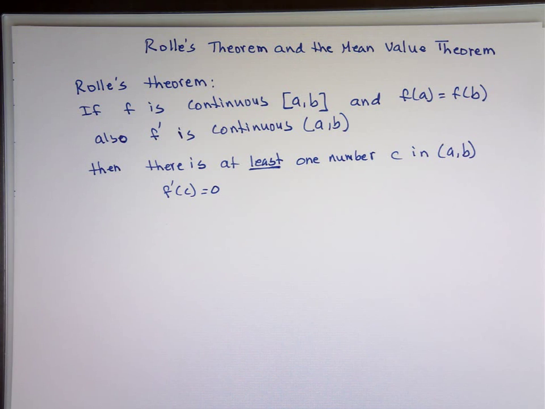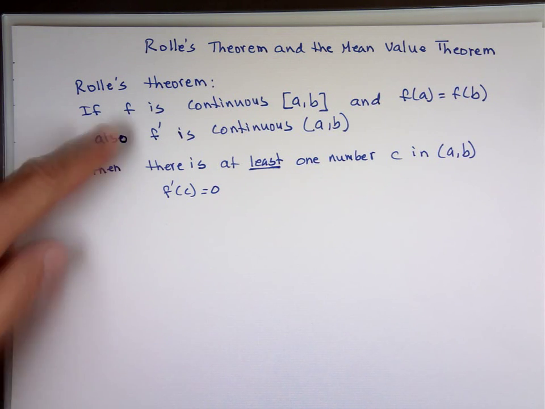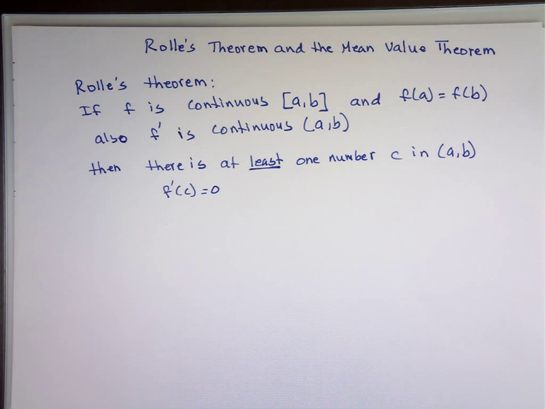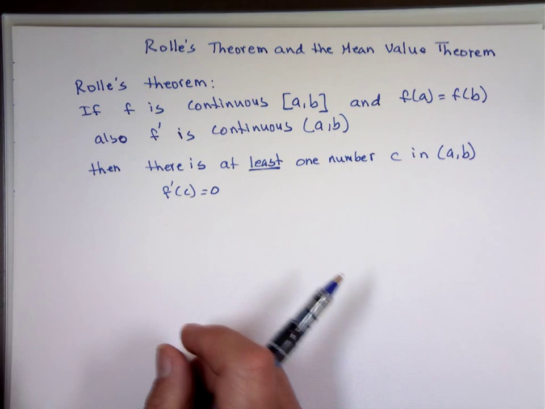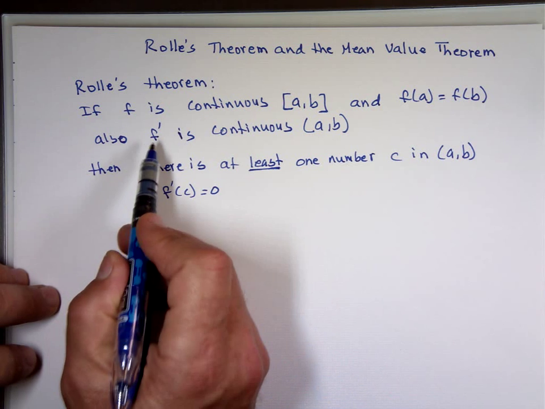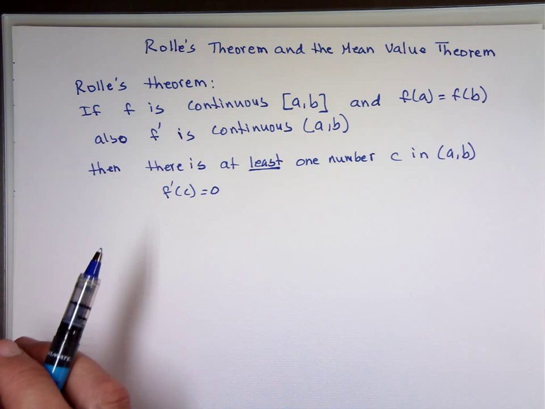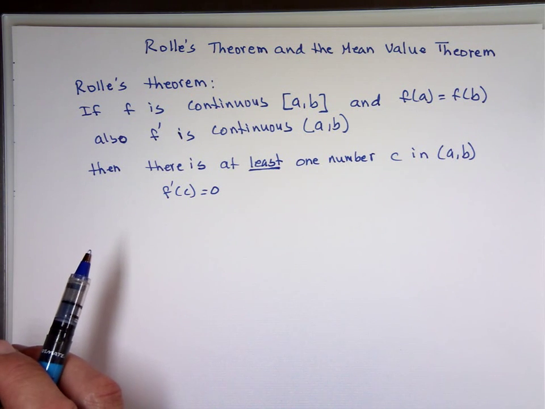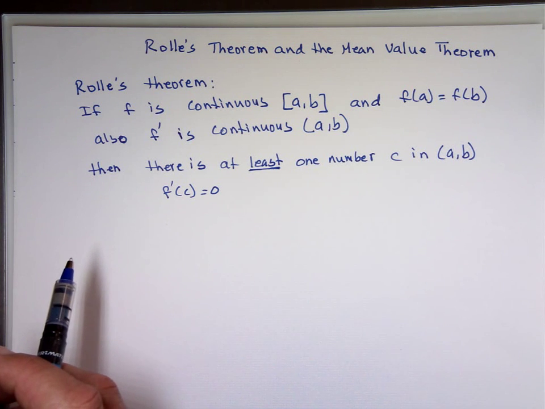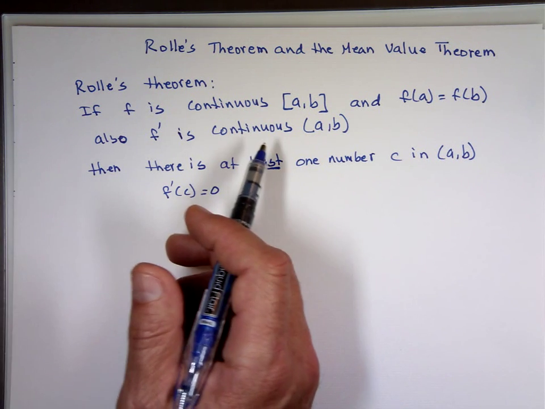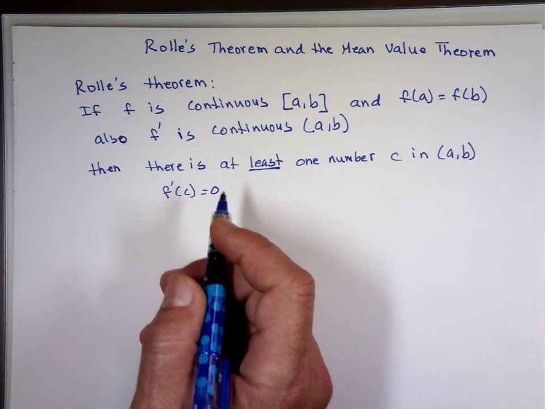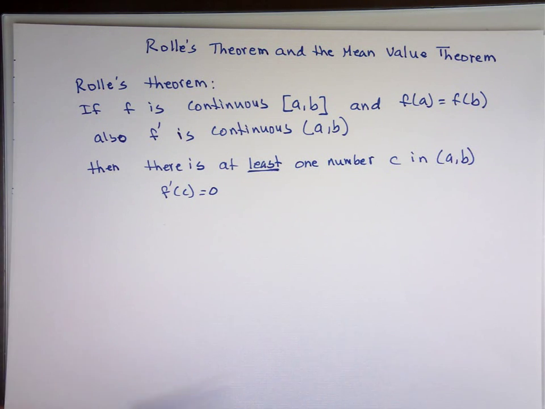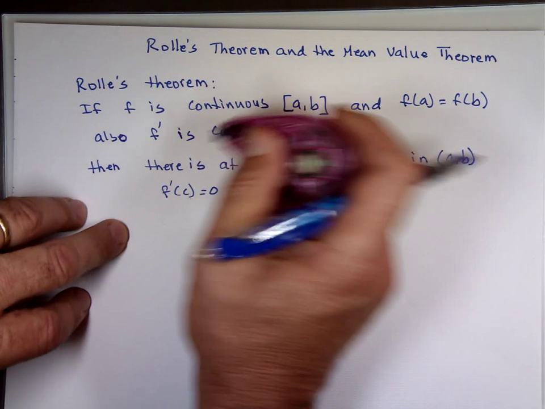Let's see what it says, Rolle's theorem. It says, if you have a function that is continuous from A to B, the closed interval from A to B, and f of A equals f of B, also the derivative exists between A and B. I should say the derivative exists instead of continuous, between A and B. I like the word exist instead of continuous.